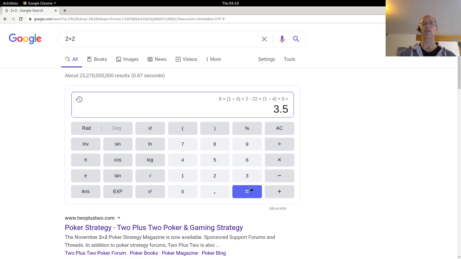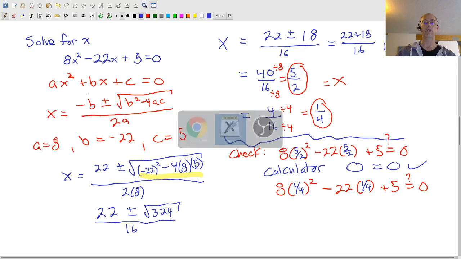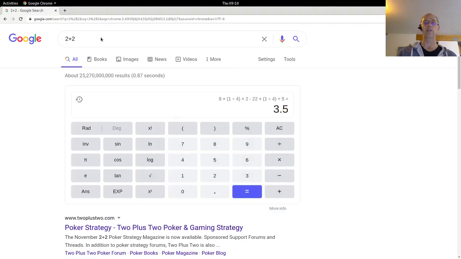I do have an error. I did times 2 up here instead of to the second power. So if it doesn't come out right, one of two things went wrong. Either you typed it wrong or you have the wrong number. If the mistake isn't in what I typed into the calculator, it's somewhere in my notes here. And so I would backtrack and try and find it. But I think I found the mistake in the way I typed it.